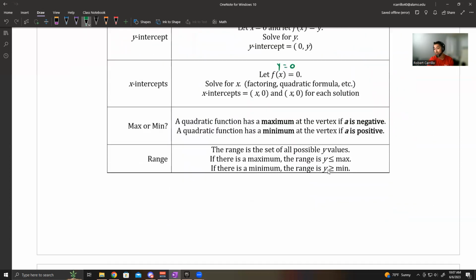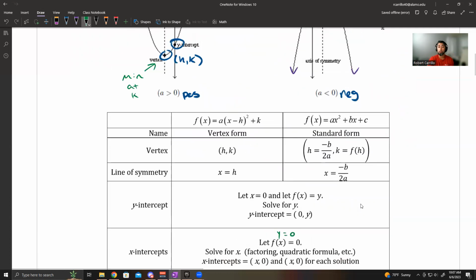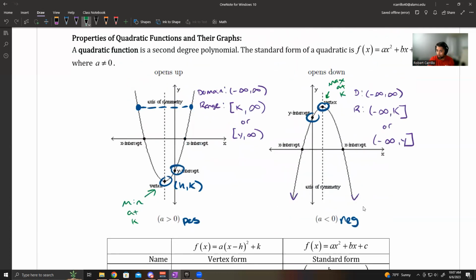So that means that every y value is greater than your minimum. There you go. Okay. All right. So those are all the characteristics of a parabola, of a quadratic function. And let's go ahead and practice on the next page.